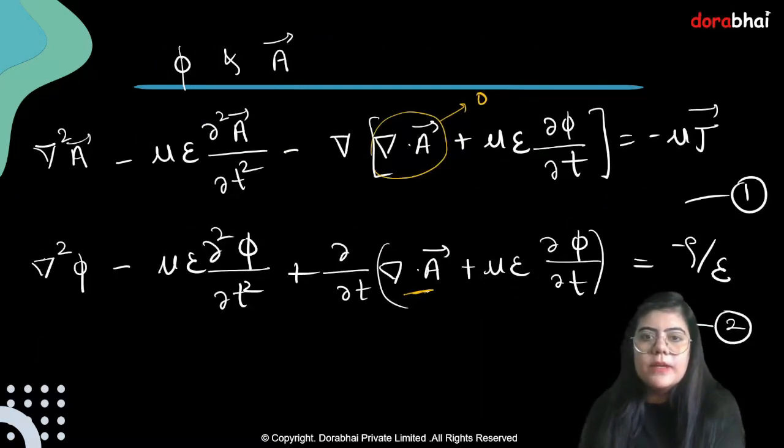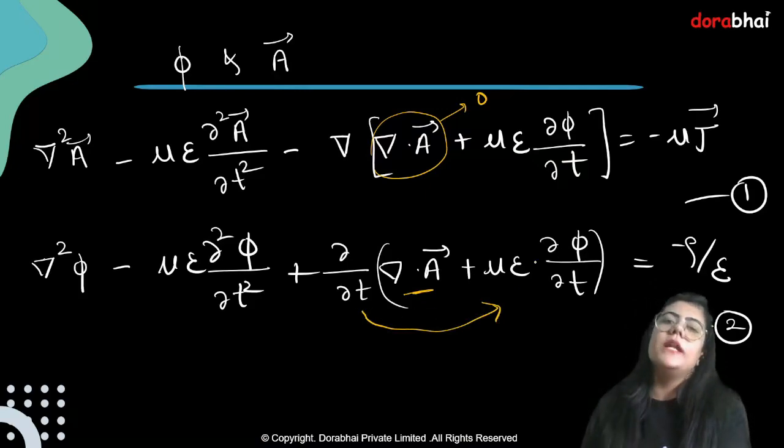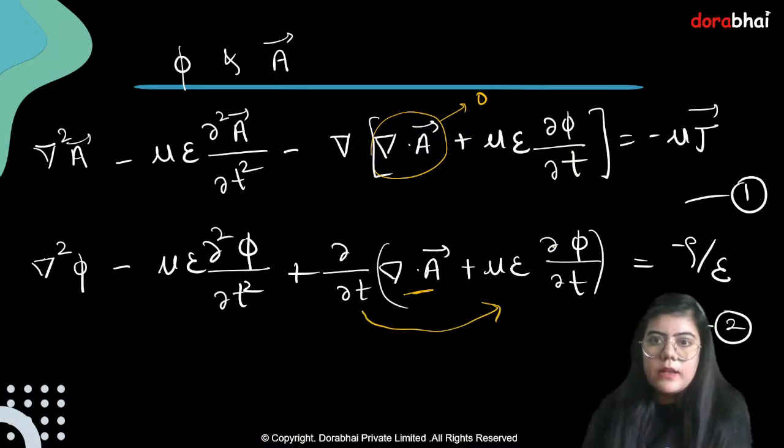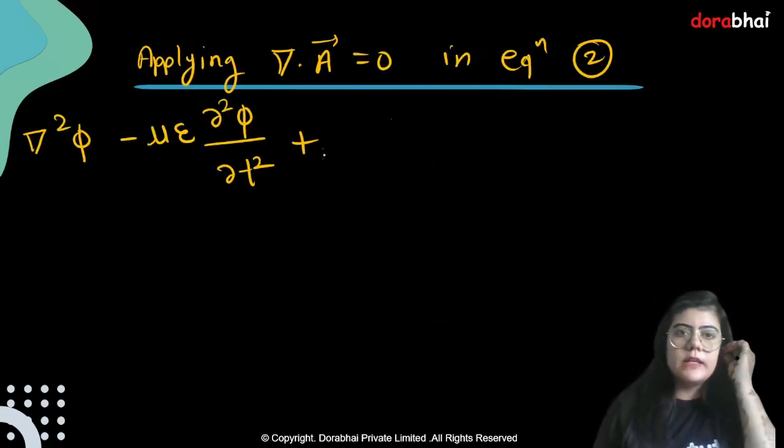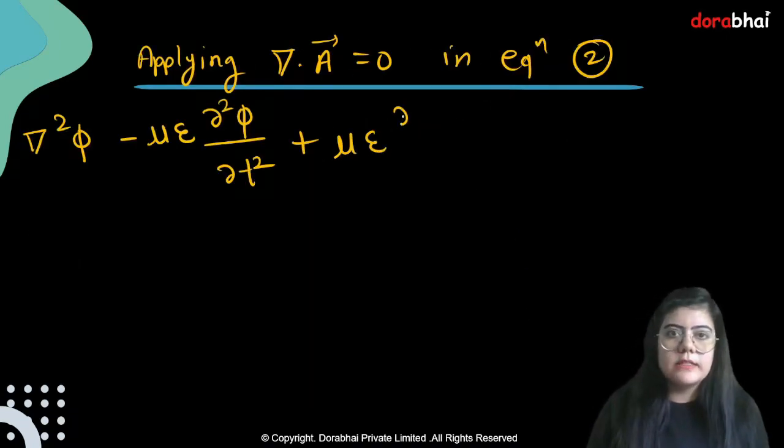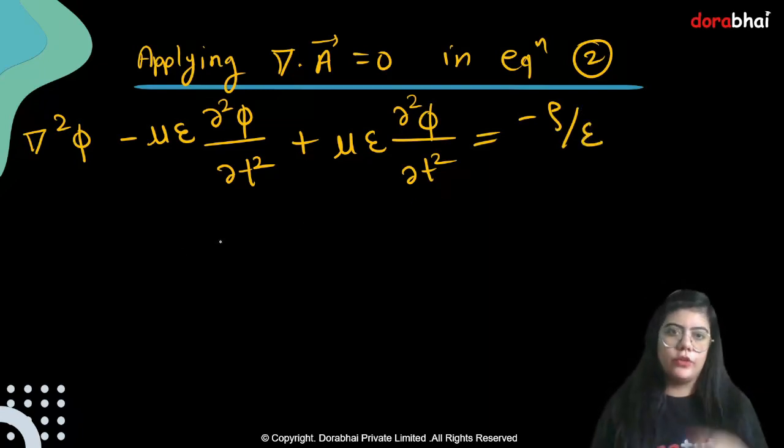Now, if this value becomes 0, this will get multiplied inside, and we'll get ∂²φ/∂t². So let's write it down: με as it is, ∂²φ/∂t² is equal to −ρ/ε₀.